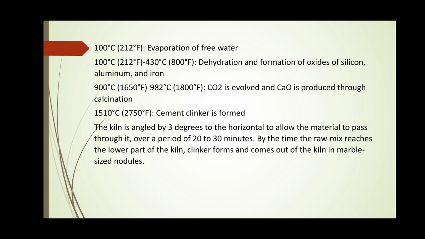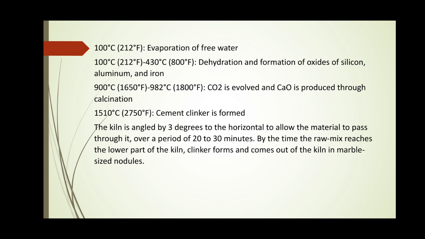At 900 degrees centigrade or 1650 Fahrenheit to 982 degrees centigrade or 1800 Fahrenheit, CO2 is evolved and CaO is produced through the calcination process.